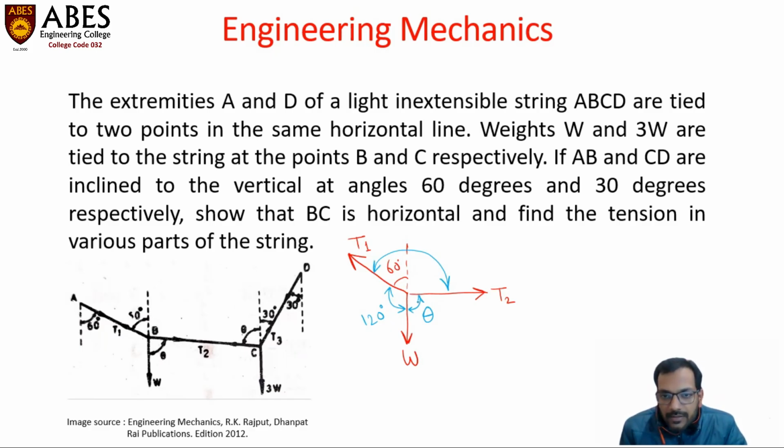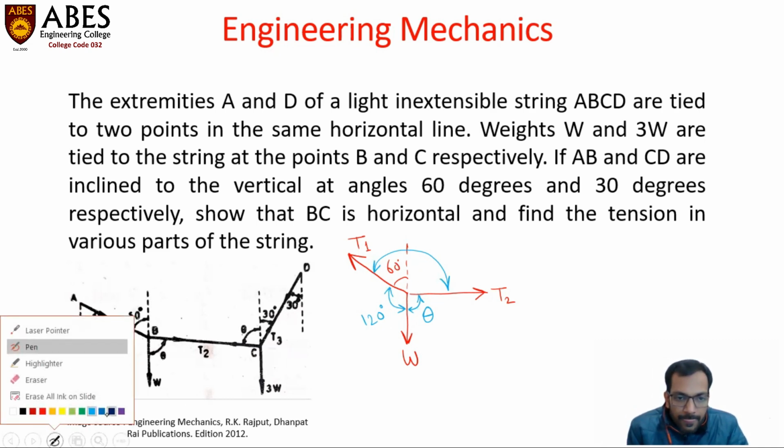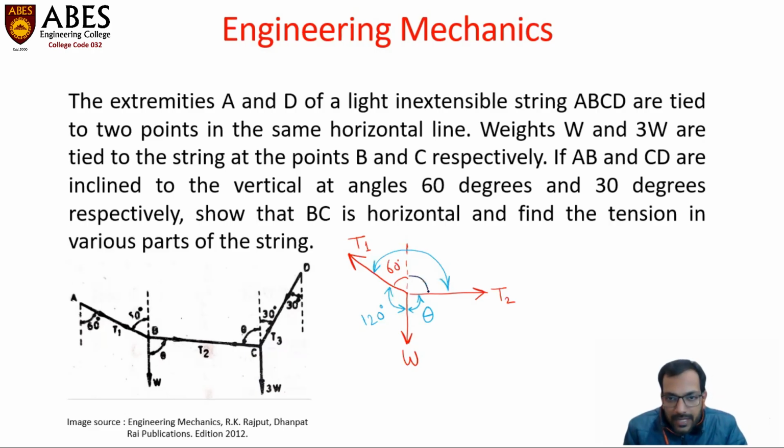As we have considered that the angle between T2 and W is theta, this remaining angle becomes 180 minus theta. Okay, 180 minus theta.